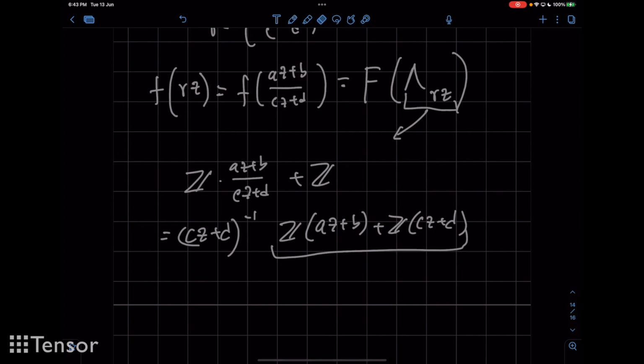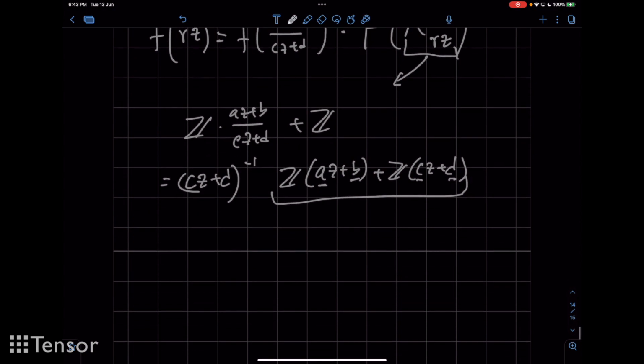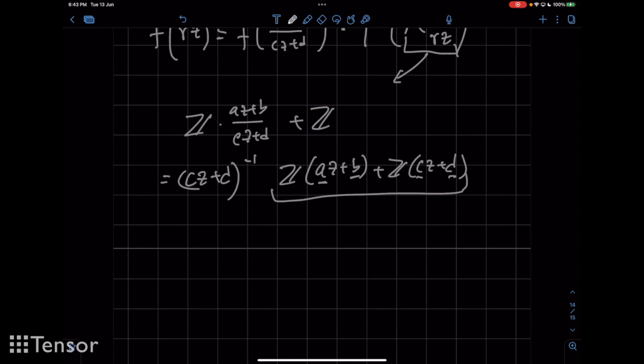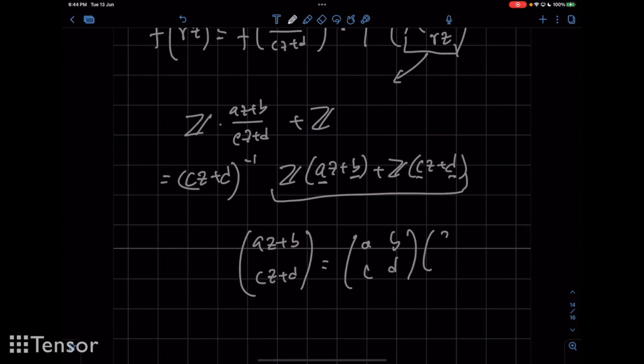And again, since (A, B, C, D) is a matrix in SL2Z, this is equal to (A, B, C, D) times (z, 1). So the lattice generated by az plus b and cz plus d is exactly the same as the lattice generated by z and 1.